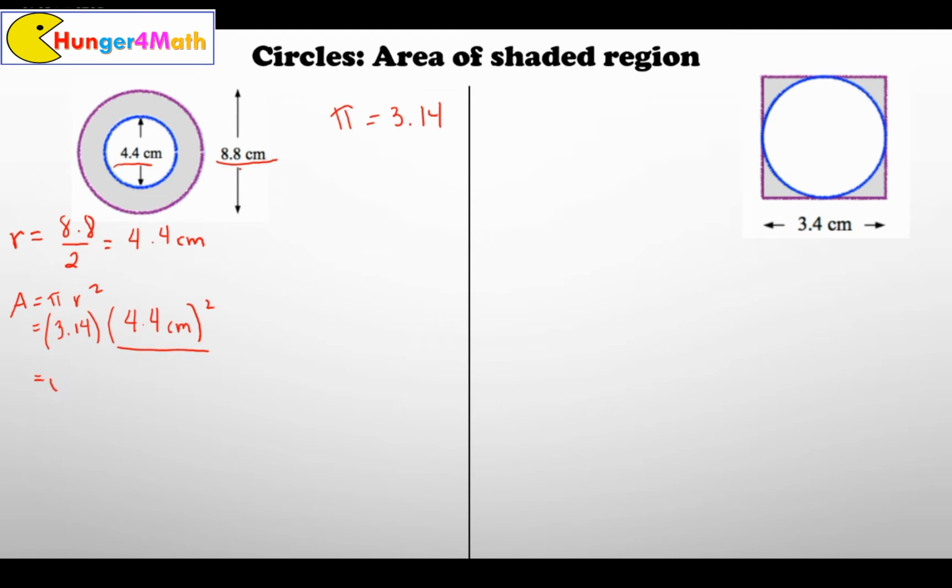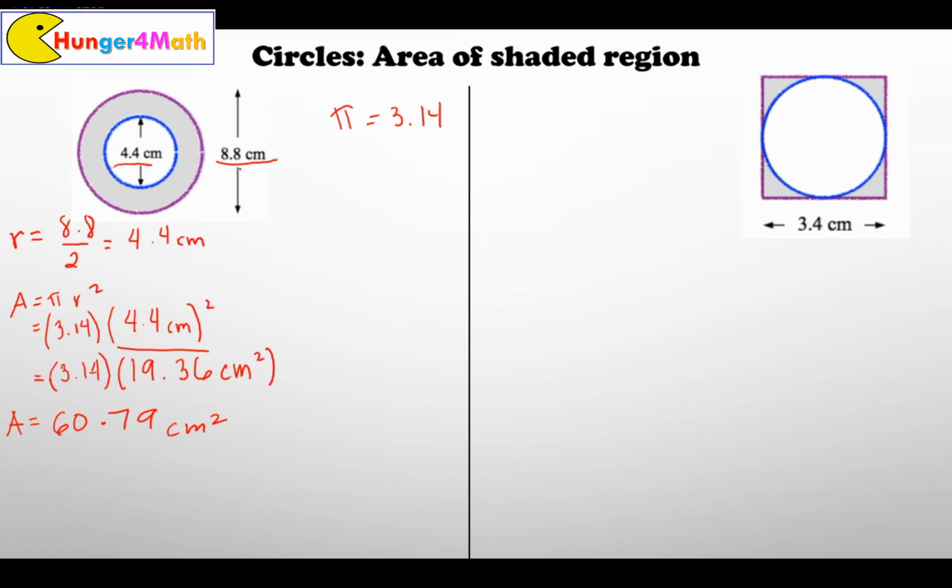Then just copy 3.14 and then 4.4 square, that will be equivalent to 19.36 cm square. Next is to multiply them, and the area will become 60.79 cm square into 2 decimal places.